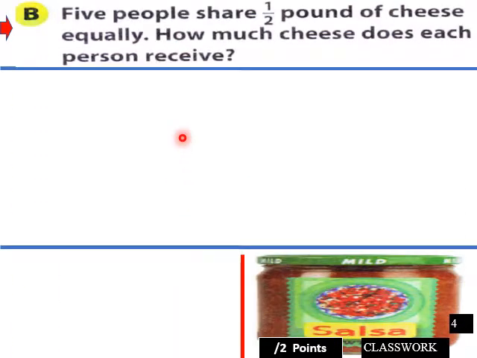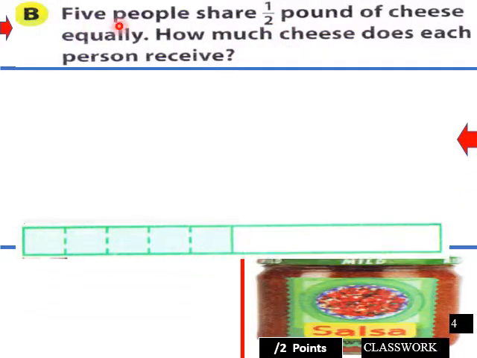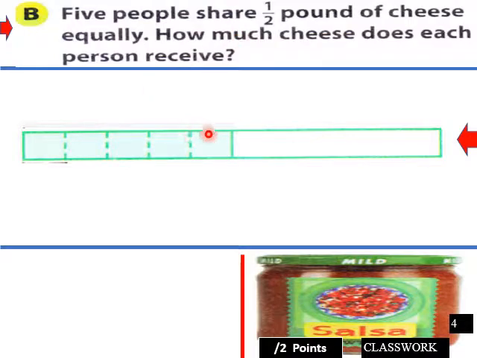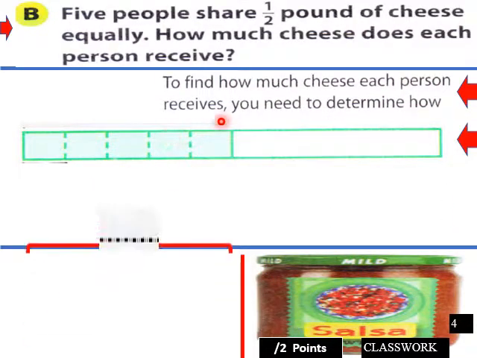Okay, our next problem: 5 people share a half-pound of cheese. How much cheese does each person receive? Here's our half-pound. This is a whole pound of cheese, and we have 1/2 of it divided up between 5 people.